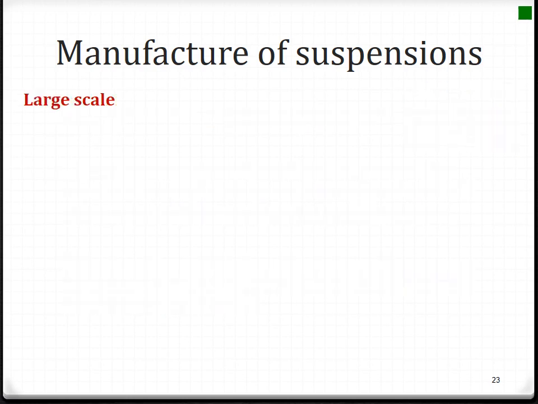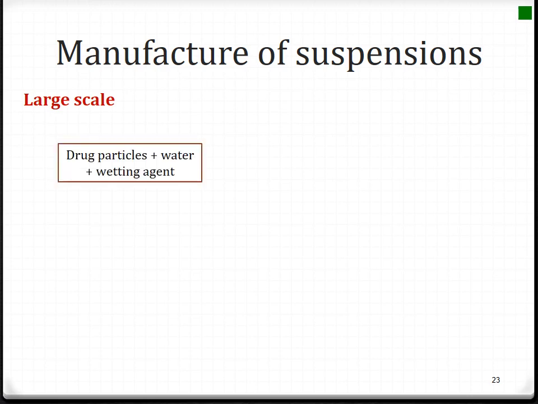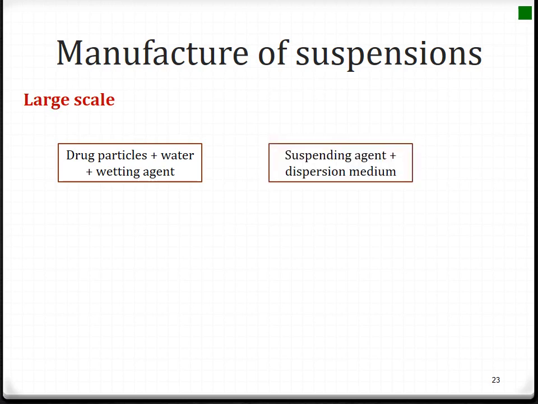On a large scale, the process may be slightly different depending on the formulation of the suspension, but in general, the drug particles are mixed with a small portion of water that contains the wetting agent. At the same time, the suspending agent, which we also know as thickeners or viscosity modifying agent, is dissolved or dispersed in the main portion of the vehicle.